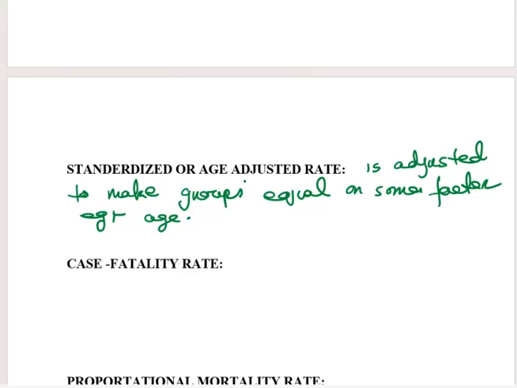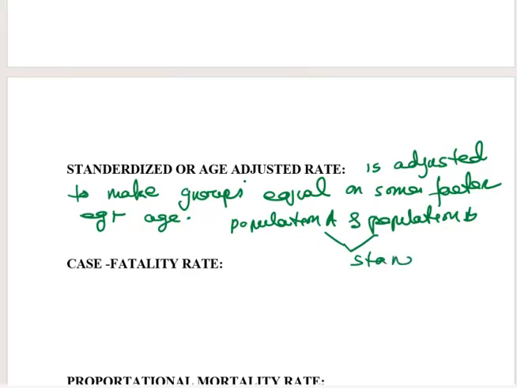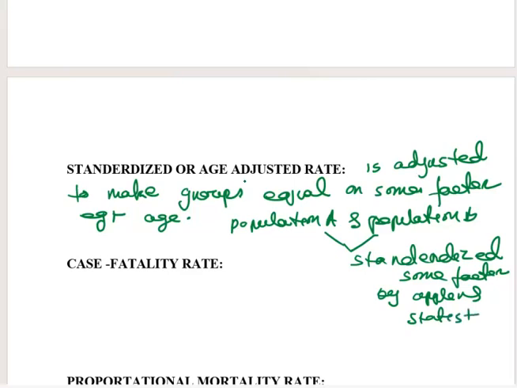Suppose we have population A and population B. If we want to compare these two populations, we have to standardize their data on some factors by applying a statistical method.